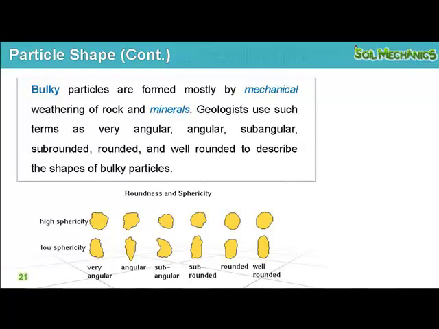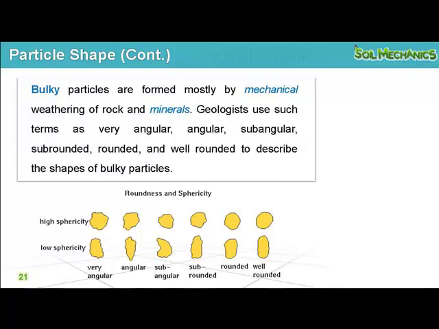When it's transported a long distance, it will become sub-angular or sub-rounded or rounded or well-rounded, depending on the mode of transportation and distance, how far it is transported. So if the particle moves far from the origin, it will become rounded or well rounded due to weathering of the surface of the grain.